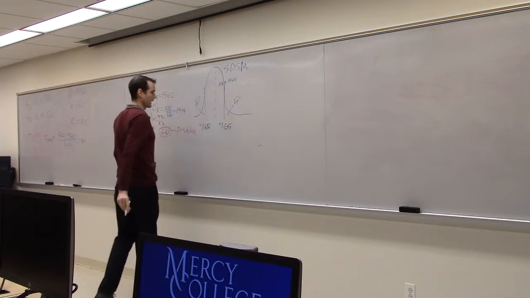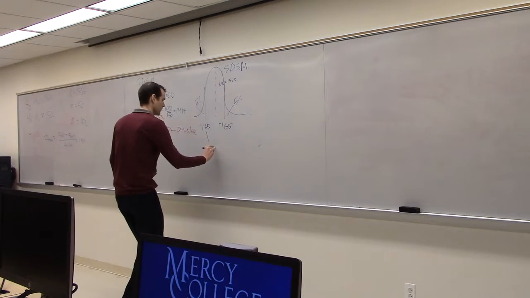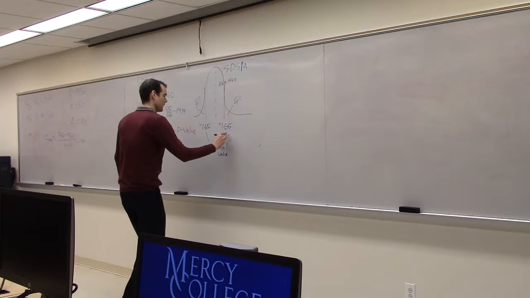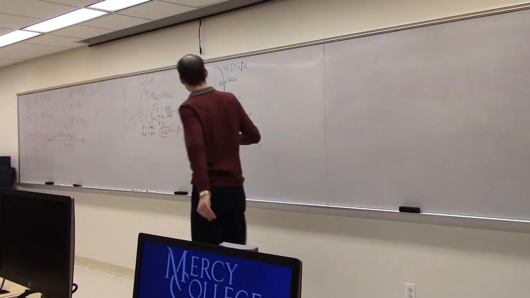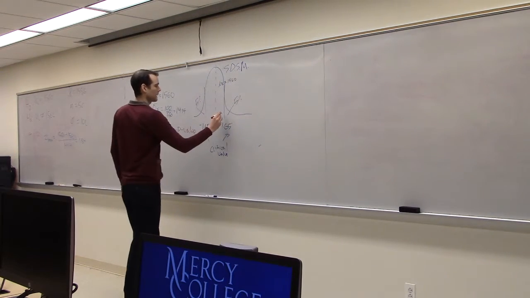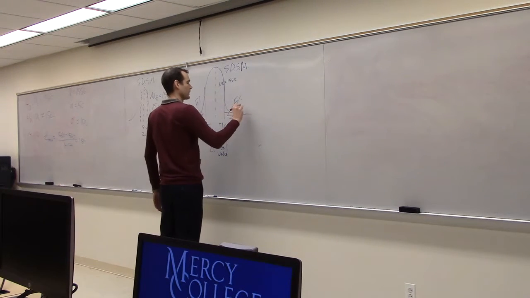Excellent. We're going to call these our critical values: positive 1.65, negative 1.65. Anything above or below the critical values we'll call our rejection region.